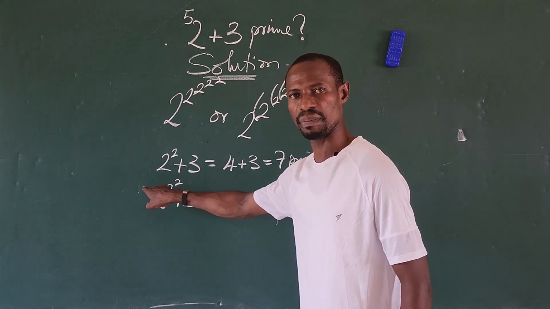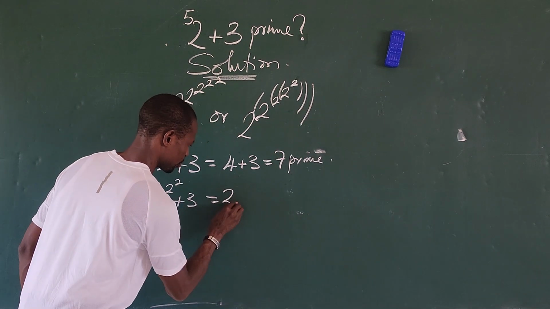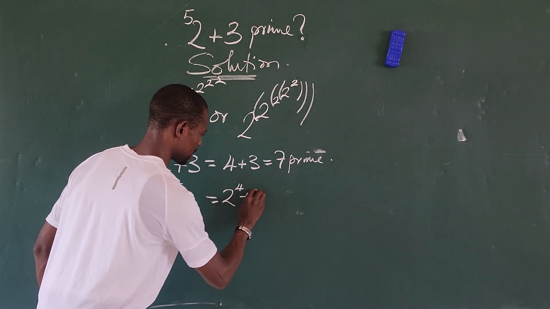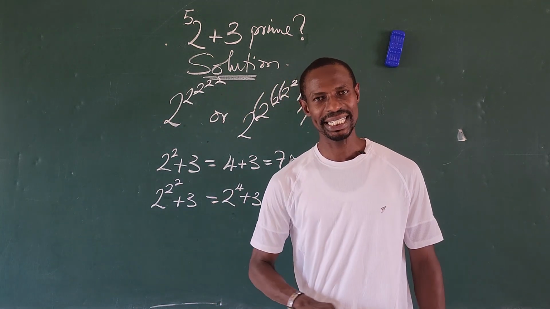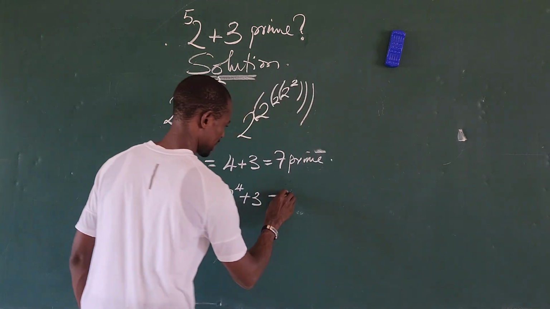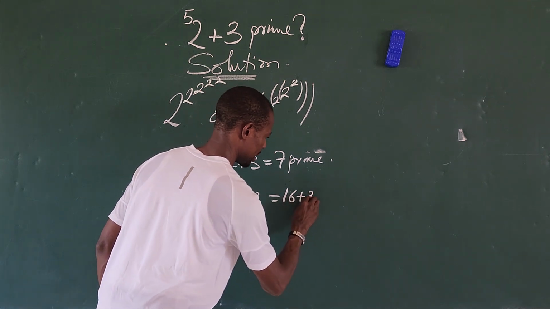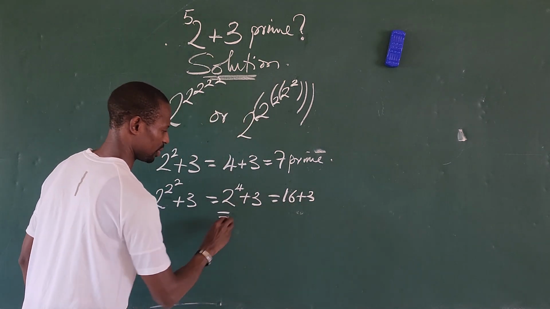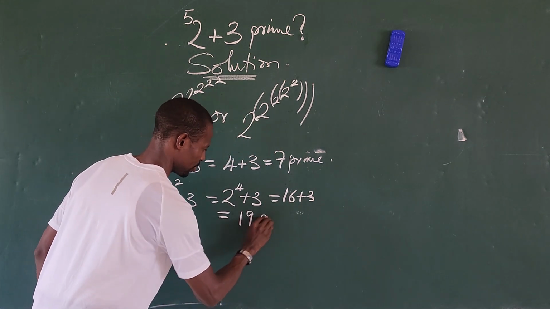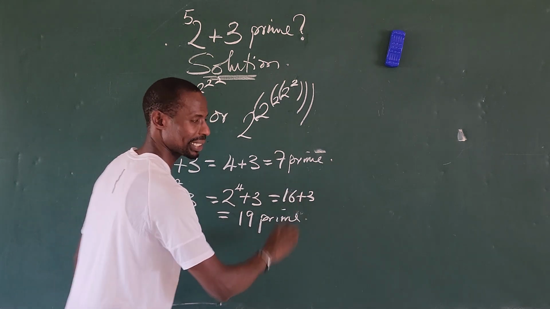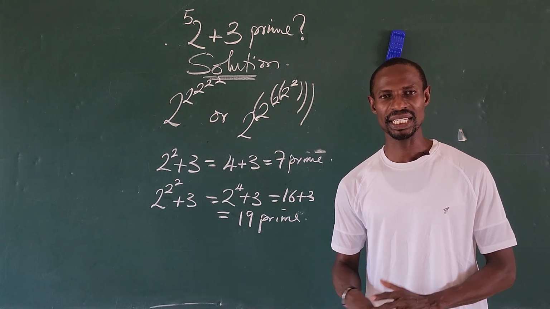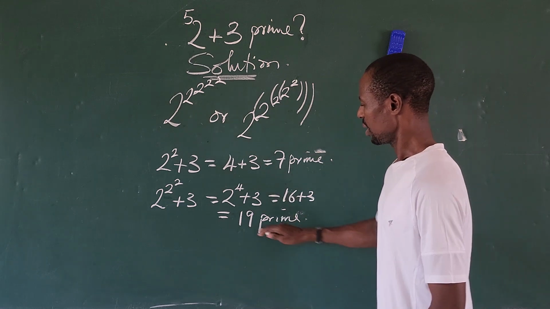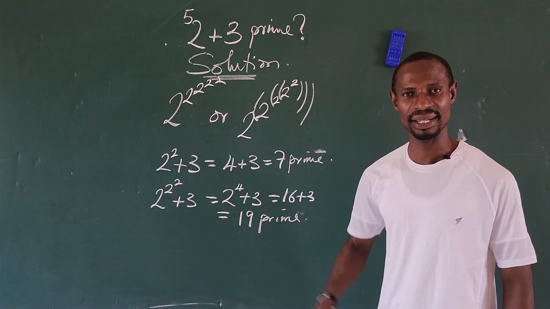So we have 2 to the power of 4 plus 3. What is 2 to the power of 4? That is 16. So we have 16 plus 3, and 16 plus 3 automatically gives us 19. You and I know that 19 is a prime number. So the second step to our expression also gave us a prime number.